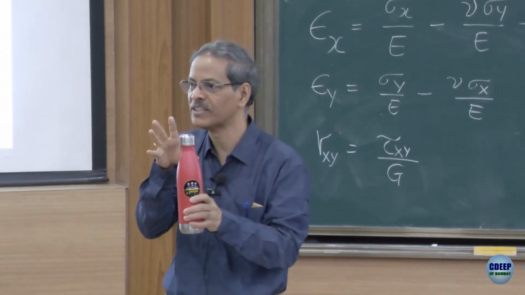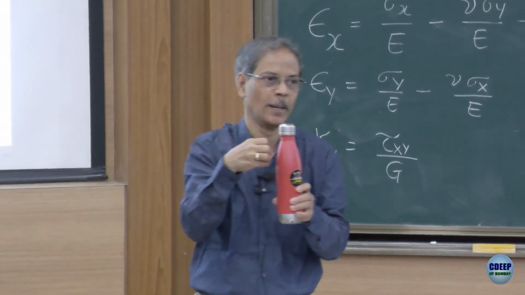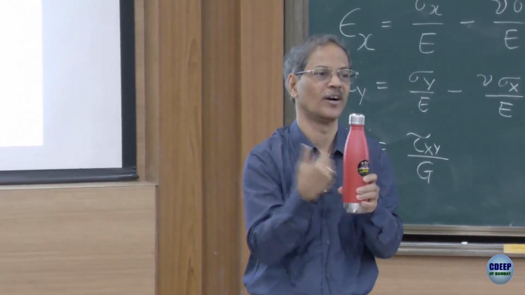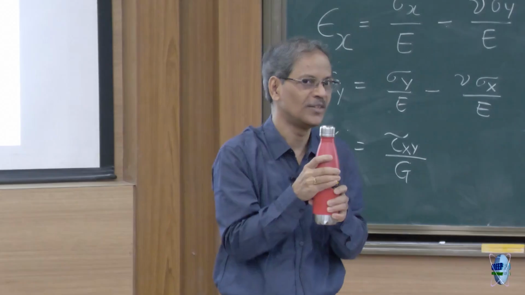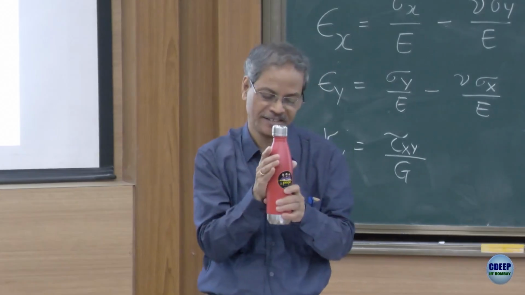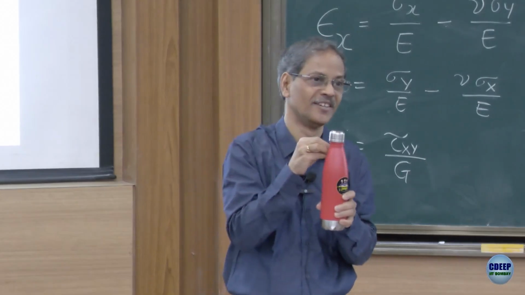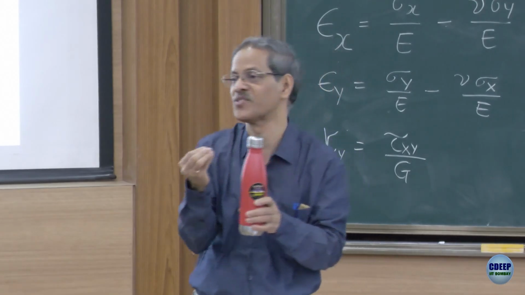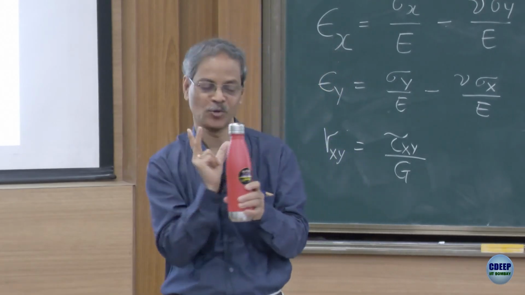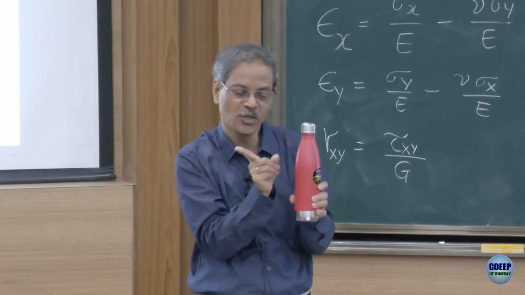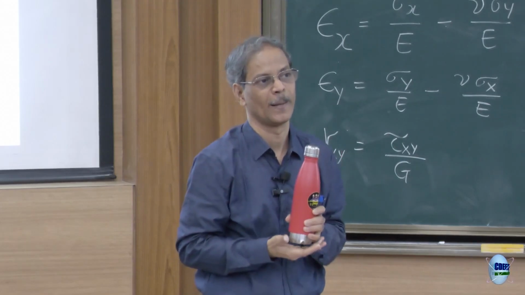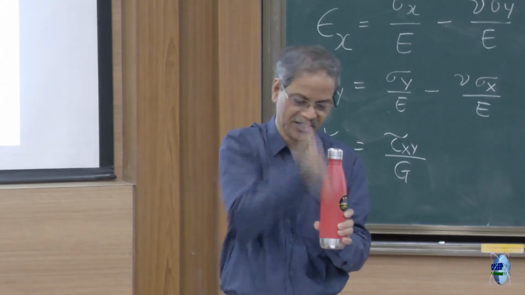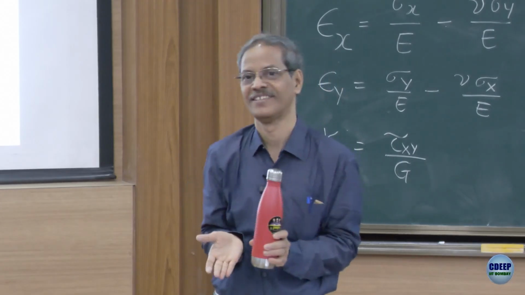The internal pressure or external pressure, of course, if it is symmetric all around 360 degrees, then I would tend to think geometry is symmetric, loading is symmetric, so maybe response stresses will also be symmetric about this axis. So I don't need to consider theta from 0 to 360 degrees. If I consider any one section, that's good enough.